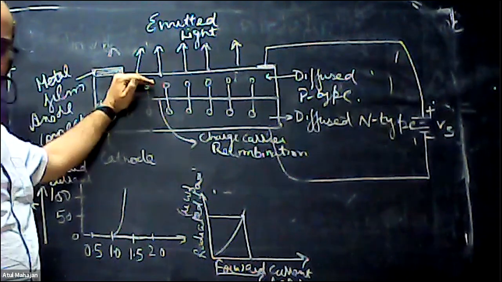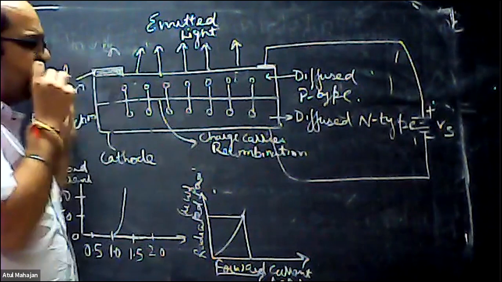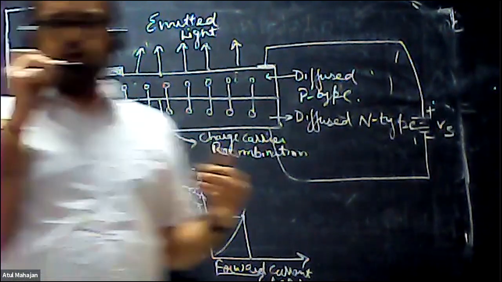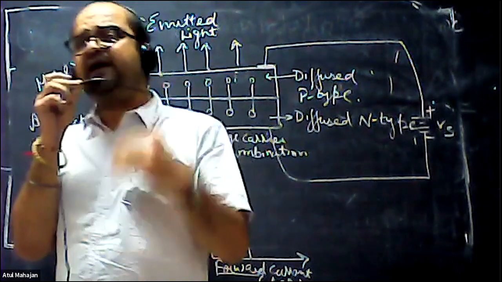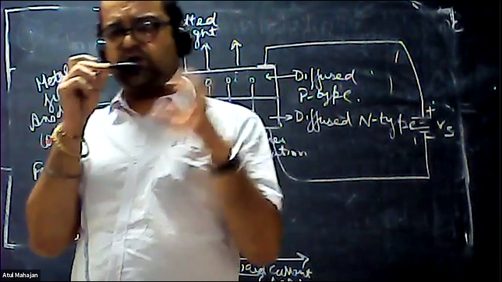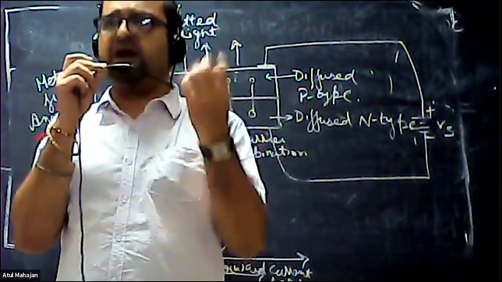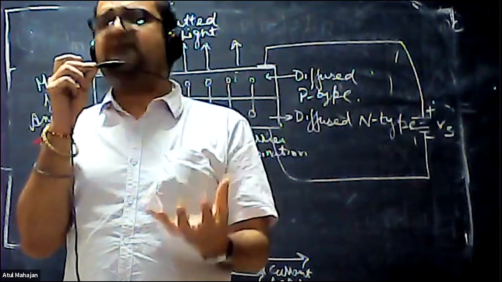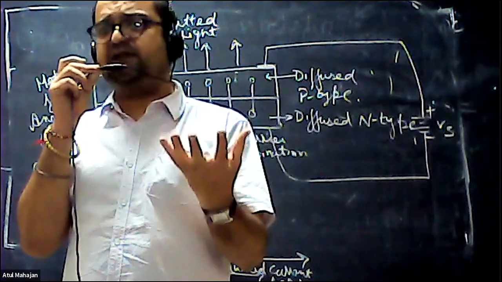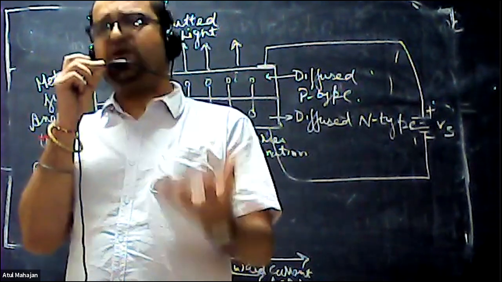They diffuse from the N-type region towards the P-type region, and they recombine with holes, and they liberate energy. The energy is liberated by the recombination of electrons and holes in the form of a quantum, or a bundle of energy, that is known as light energy. That particle of light is known as a photon. So they are liberating energy in the form of photons.